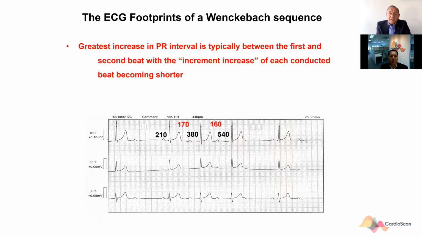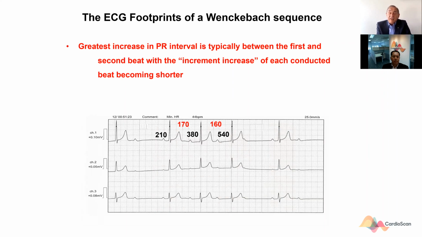One of the features, though, that is not talked about very much is that the greatest increase in the PR interval is typically between the first and second beat, with the incremental increase of each conducted beat becoming shorter. So you can see 210, 380, 540 PR intervals, and that the incremental increase falls from the first one to 170 milliseconds to 160.